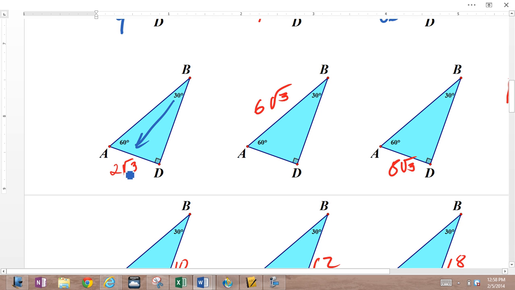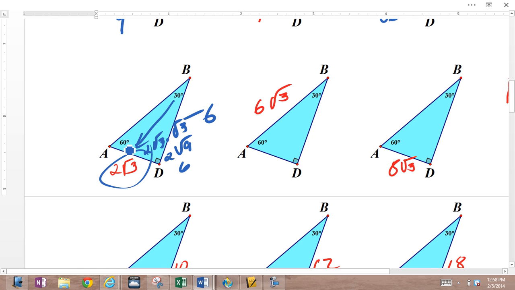It is with a radical 3, that's fine. When you take the short side, which in this case is 2 radical 3, and multiply it by radical 3, you get 2 times the square root of 9, which is 2 times 3, which is 6. So the long side is 6, and when we take the short side and double it, we get 4 radical 3, which is the hypotenuse, okay?